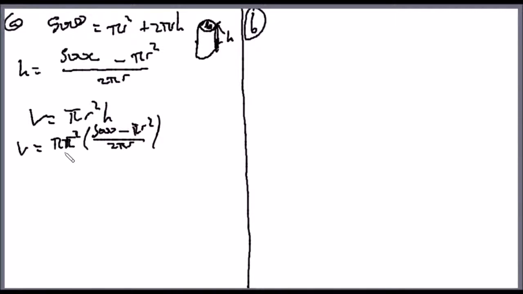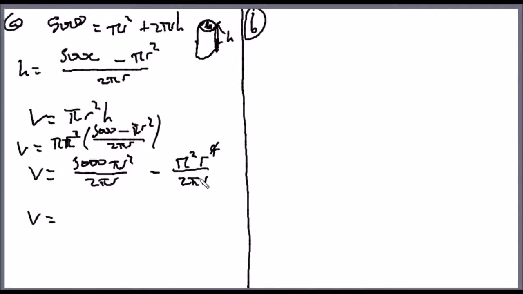Okay, and so from here we can just do a bit of algebra. Well, first of all, I'll multiply the brackets out. So it's actually 5,000 pi r squared over 2 pi r minus pi squared r to the power of 4 over 2 pi r. And then you can start cancelling terms out.